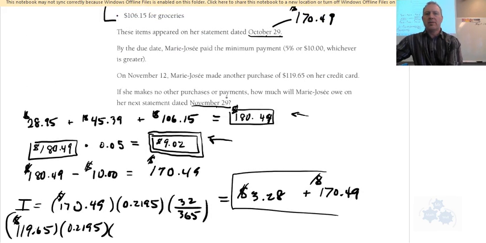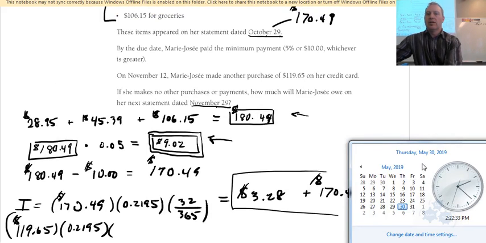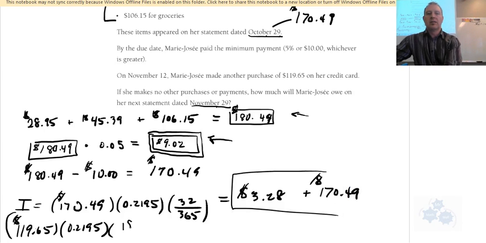Well, let's figure that out. From November 12th to 29th. So November 12th, that's 1, 2, 3, 4, 5, 6, 7, 8, 9, 10, 11, 12, 13, 14, 15, 16, 17, 18. Okay, 18 days out of 365.